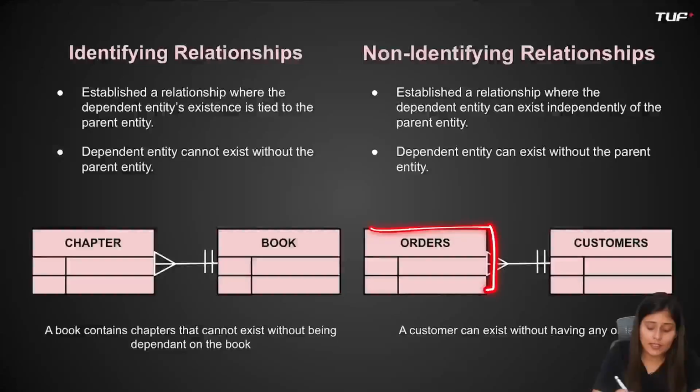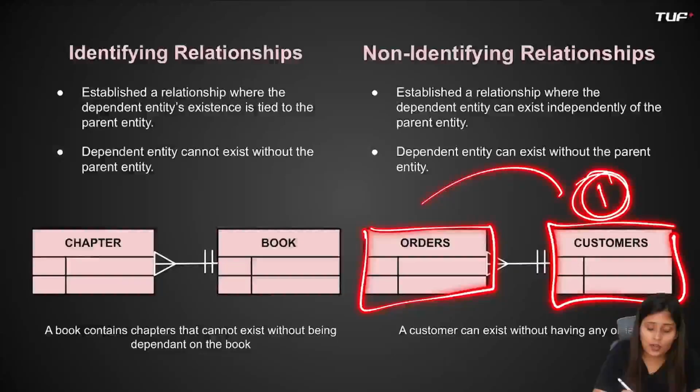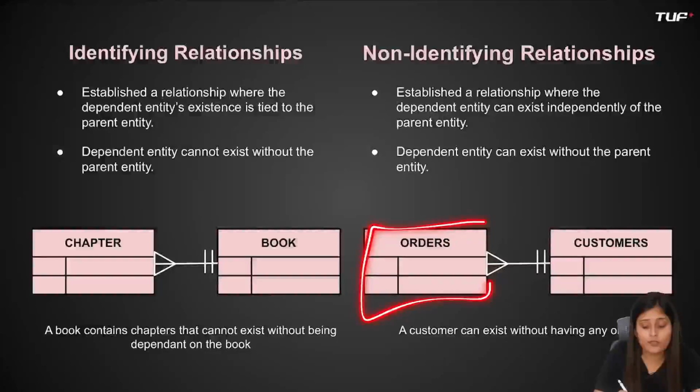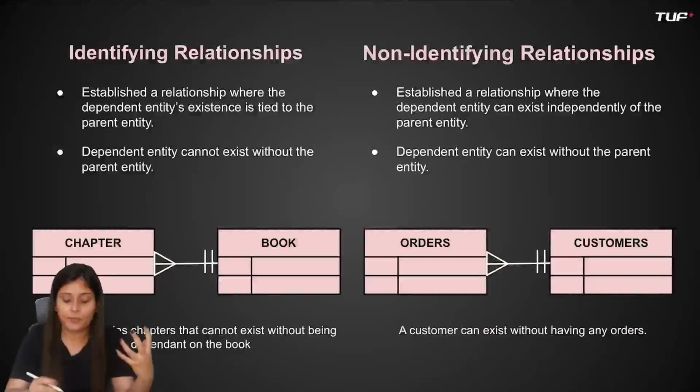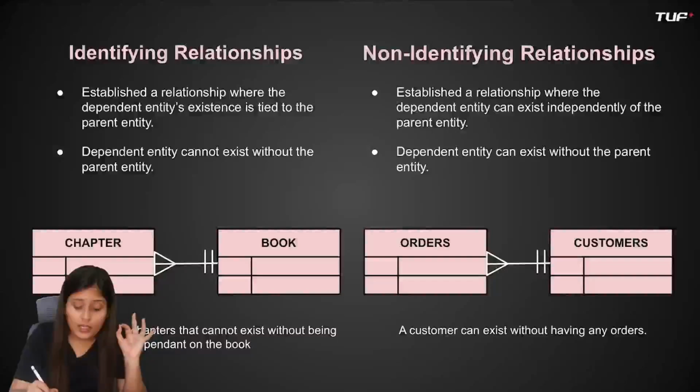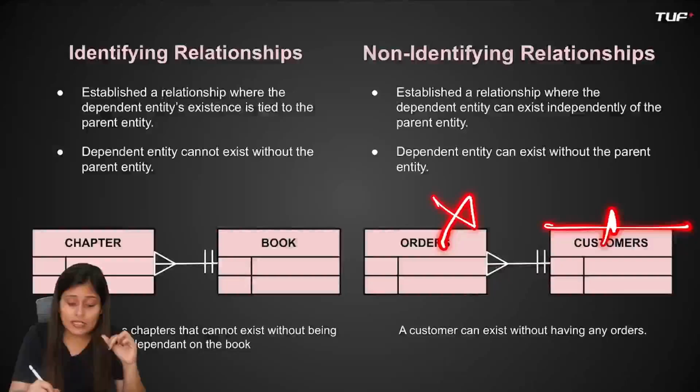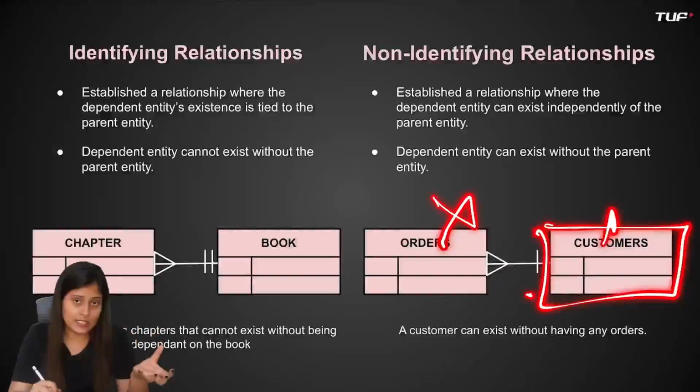Another is orders and customer. So we know that if a customer exists, they order the items, but an order cannot exist without a customer, right? So a customer can exist without having an order. So it's just the way of seeing it. An order cannot exist, but a customer can exist without an order. That is why customer is the non-identifying entity here.